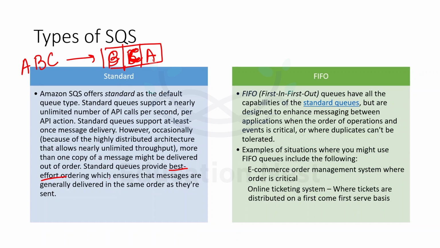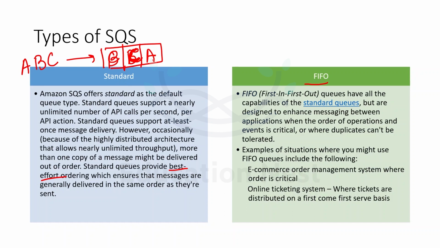So if you think that ordering is strictly required for your use case or your workload, then you have to go with FIFO queues, that is FIFO, first in, first out.